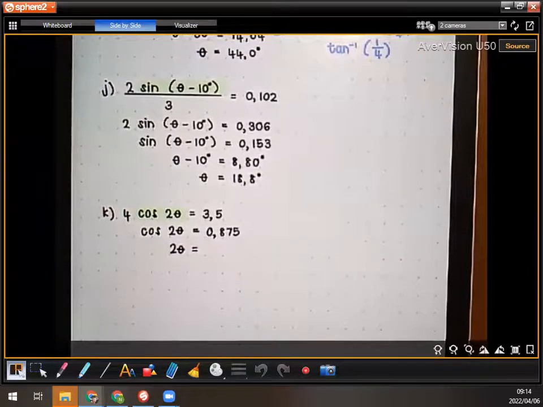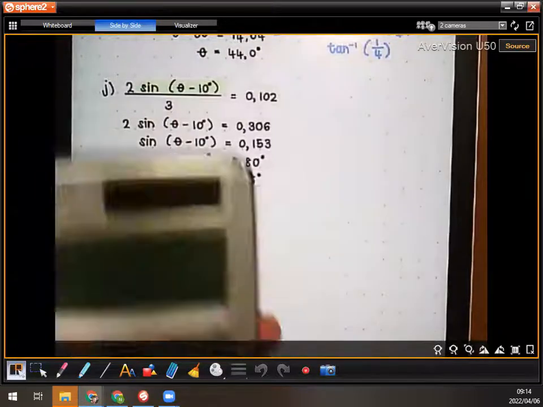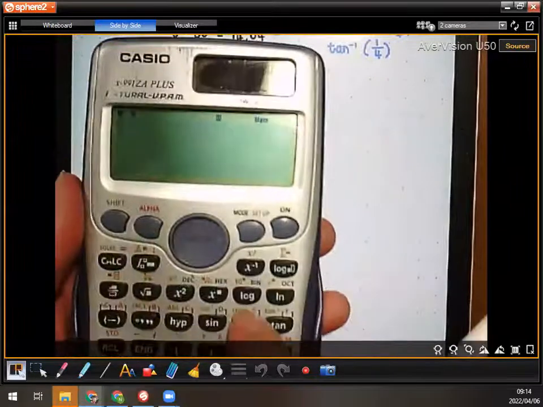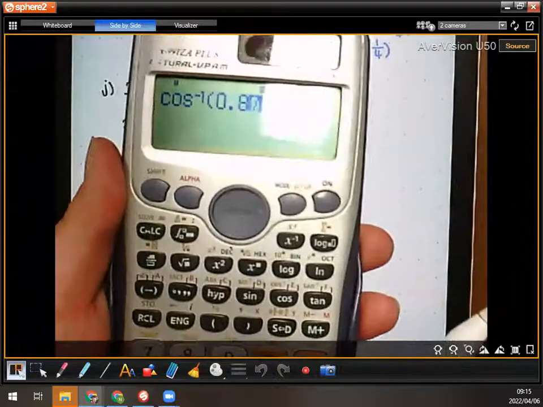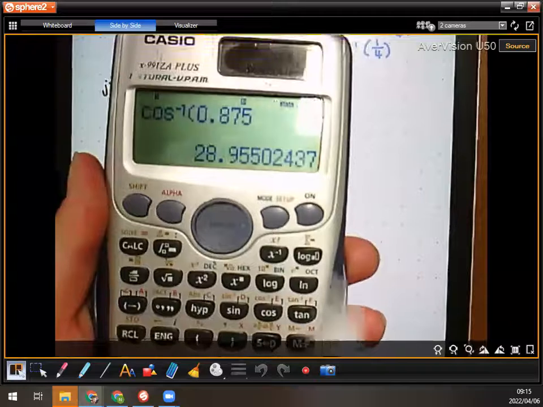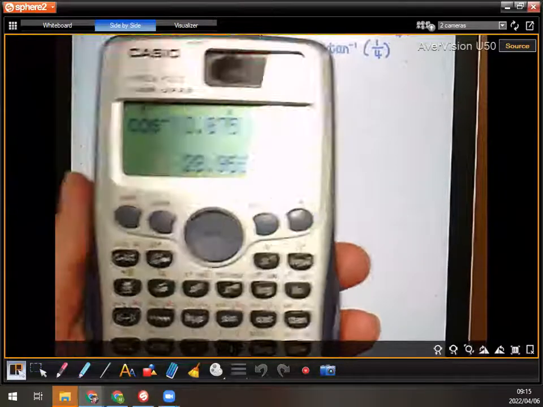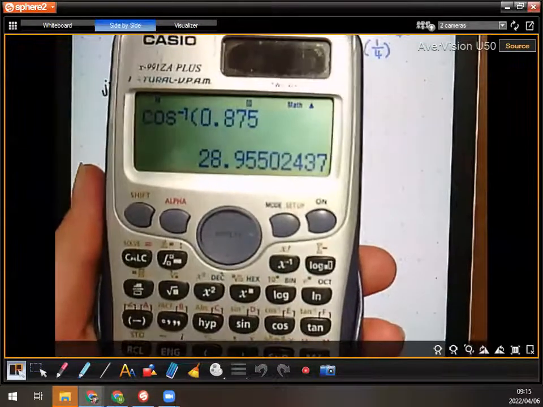It's the same thing, 7/8, 0.875. It doesn't matter. To get 2 theta, you're going to do shift cos of that value, 0.875 or 7/8, however you want to work with it. And you're getting this answer. So that is 2 theta.